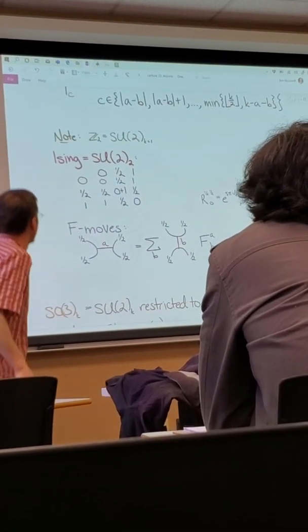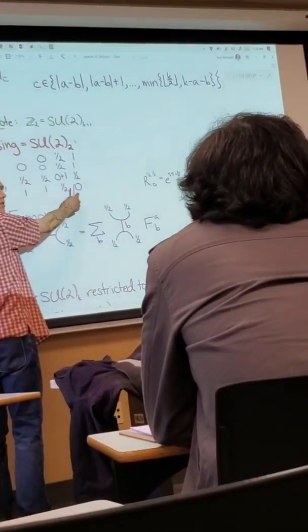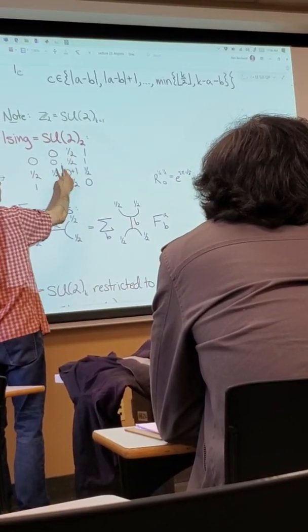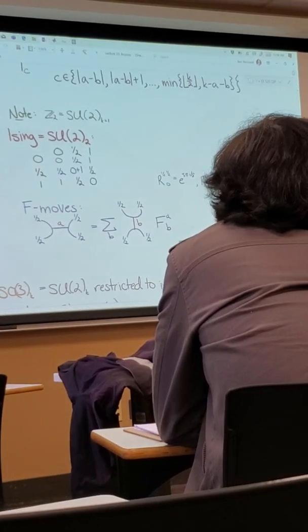Oh, so this is the Ising model. In the Ising model, 1 cross 1 is equal to 0, not 0 plus 1, but everything else is the same. So 1/2 times 1/2 would be 0 or 1. So this is a very interesting model.